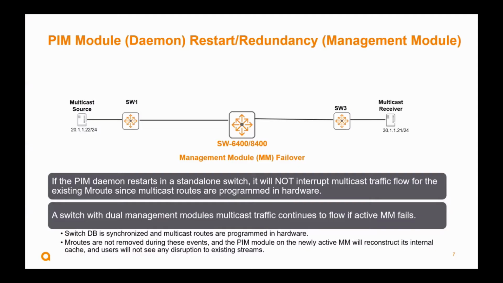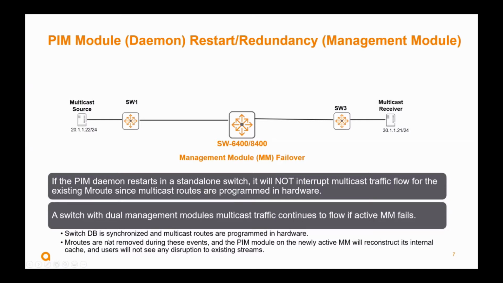Use case. First things first, we said if I had a standalone switch, sure, that was when the module or daemon restarts, right? But what happens when I have redundancy? Looking at the 6400 series, for example, maybe 6405 or 6410, or the 8400 series, because we have redundant management modules. In that scenario, with a switch with dual management modules, multicast traffic continues to flow if the active management module fails, right?